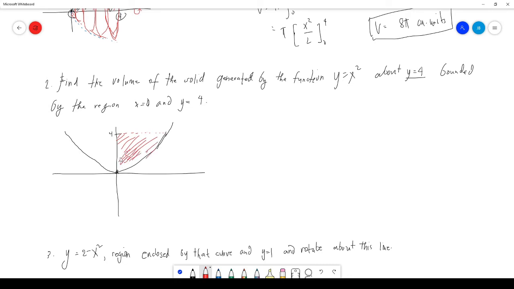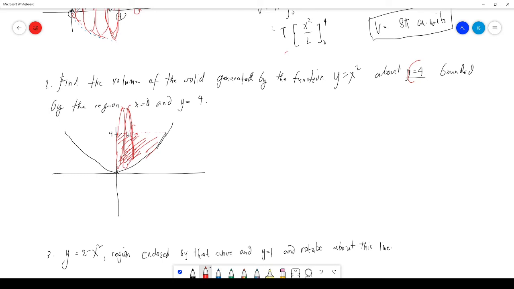Okay, now since we are asked to rotate at y is equal to 4, therefore we are going to rotate here, so it will look like this. So it looks like this. No, it looks like a disc, right?